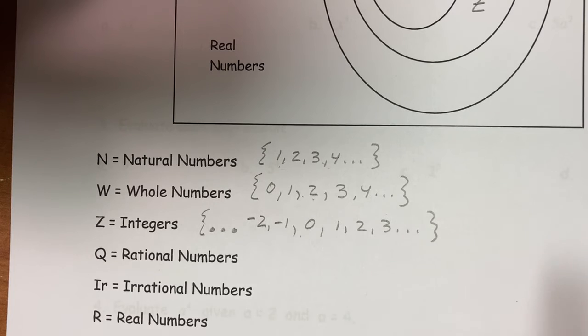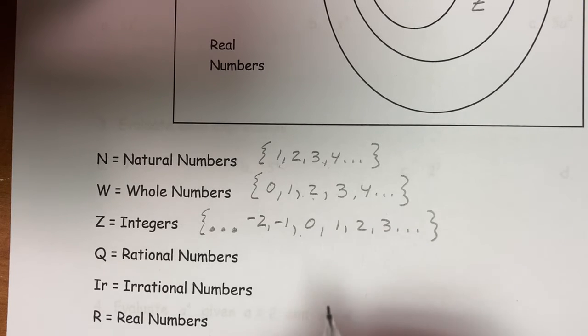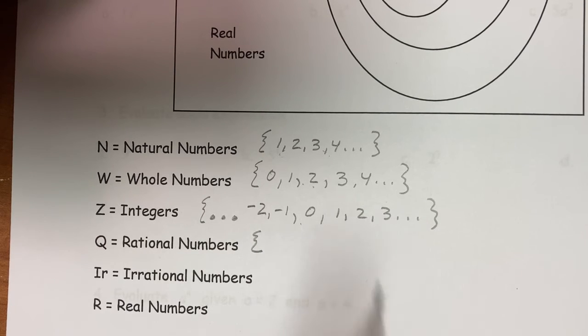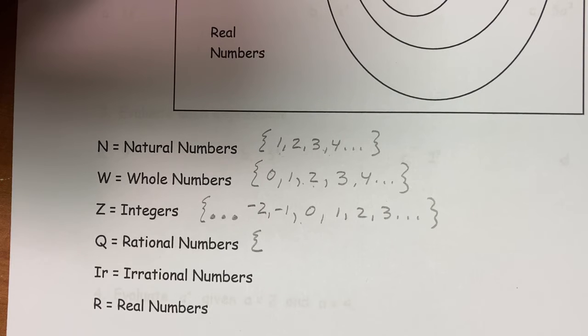Notice the integers encompass the whole numbers and the natural numbers because everything in these sets is also included in here. Now, rational numbers is where we start getting a little dicey. So first of all, rational numbers, we can't make a list like this because rational numbers are simply all numbers that can be written as a fraction.